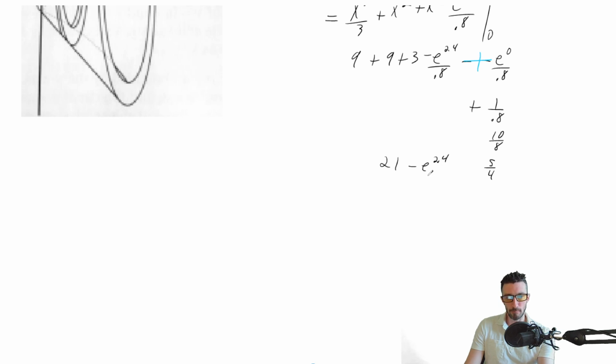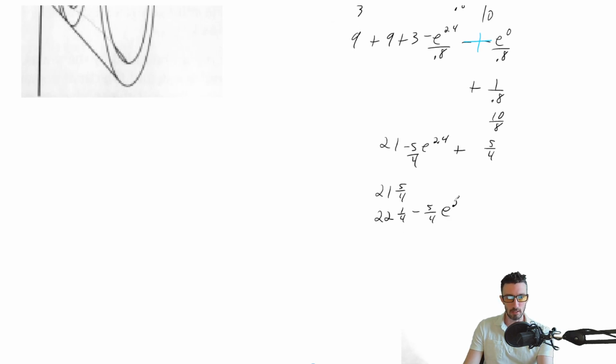Now, over 0.8 is the same thing as times 5 over 4. So we actually just kind of did the work for that. And then, yeah, it's really not going to get much nicer than this. You could call it 21 and 5/4, or 22 and 1/4, minus 5/4 e to the 2.4.